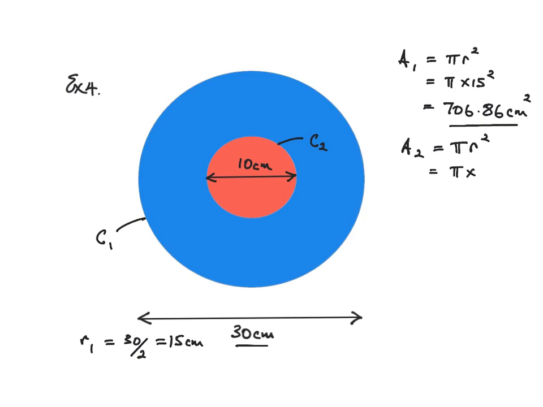Well, we know the diameter is 10, so the radius then must be 5 centimetres. And that gives us 78.54 centimetres squared.